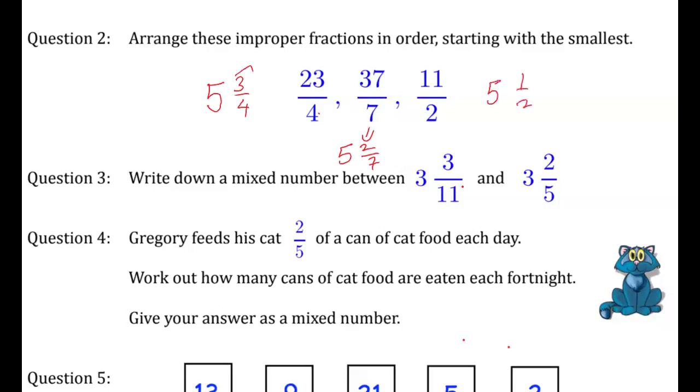Which one is the smallest? The smallest would be 37/7, followed by 11/2, then followed by 23/4.